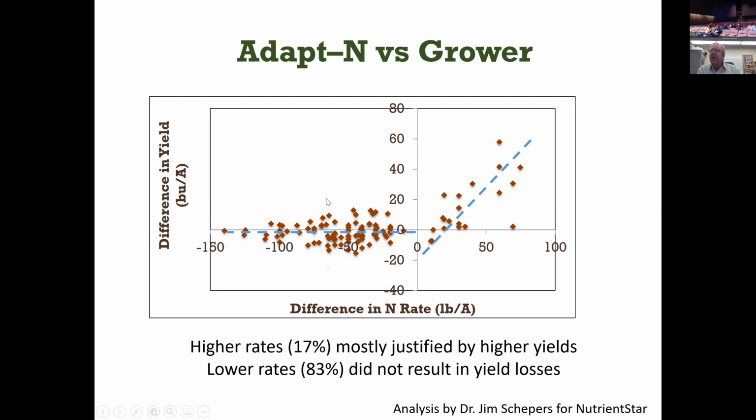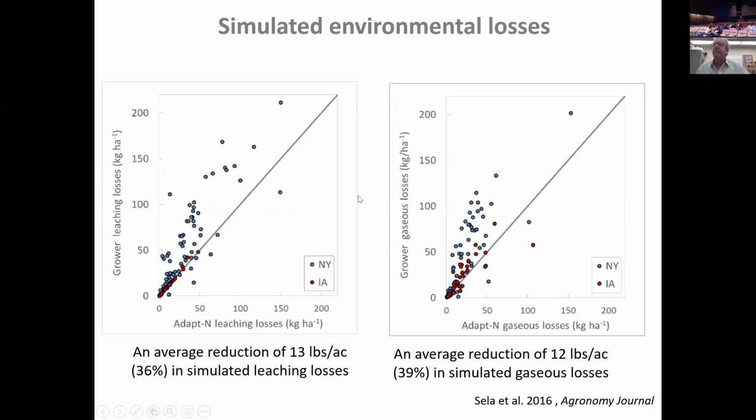And we see on the average, basically no yield impact or very little. On the right side, we see scenarios where Adapten recommended more nitrogen than the grower used, and we saw a good yield response. That means that when we recommended more nitrogen, it was justified. And of course, from a profit perspective, that becomes very attractive.